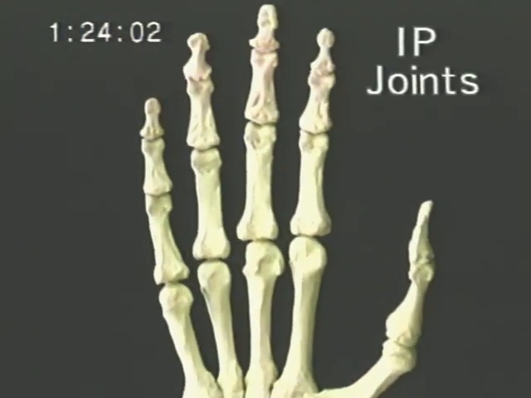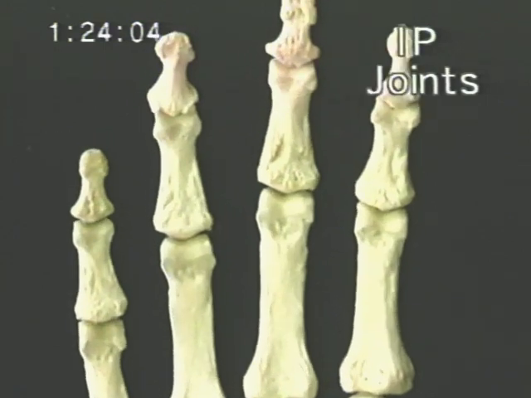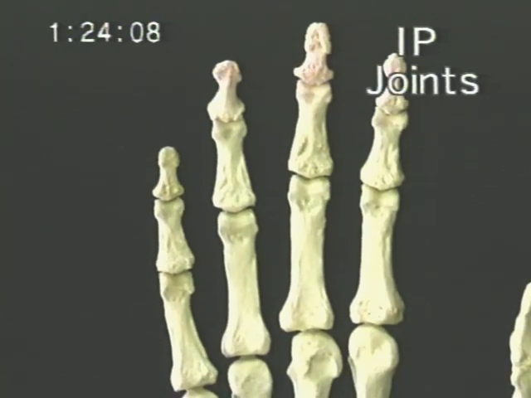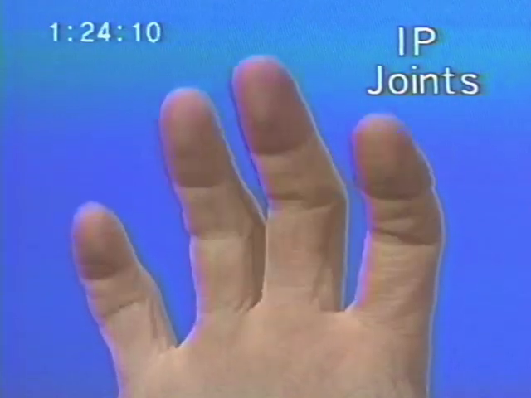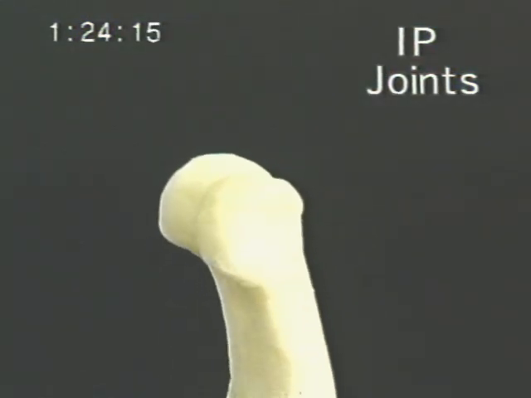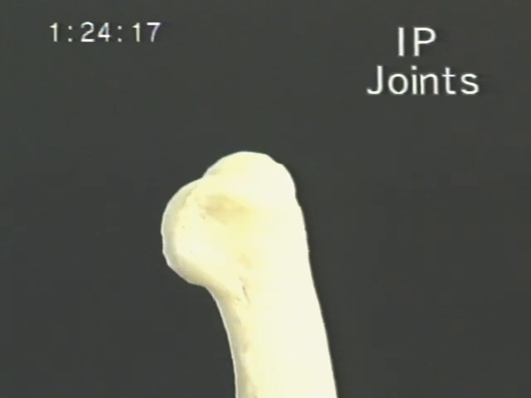Now let's move on to the interphalangeal joints. The proximal and distal IP joints are very much alike. They're different from the MP joints in that they only allow flexion and extension. The head of the phalanx is curved mainly from front to back, with a slight depression in the middle.